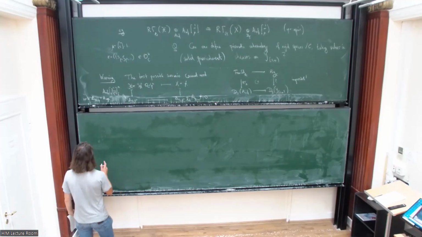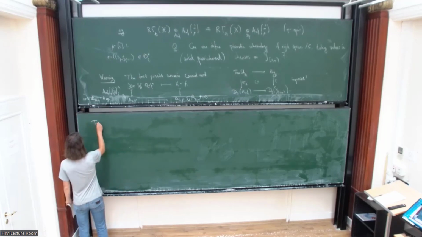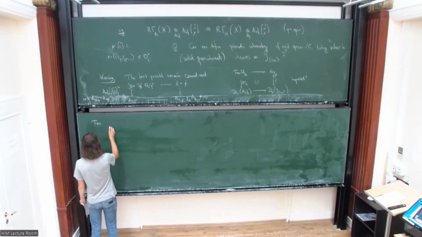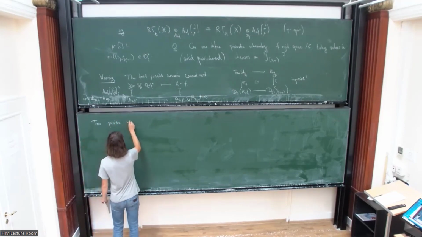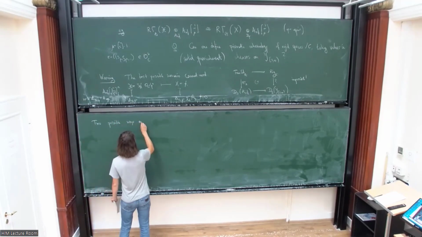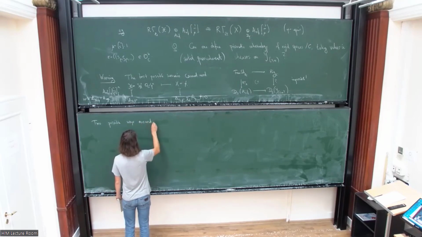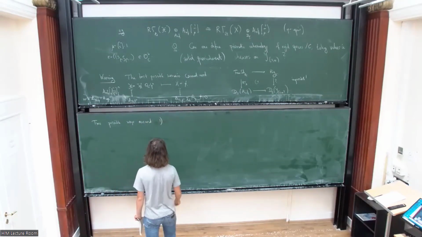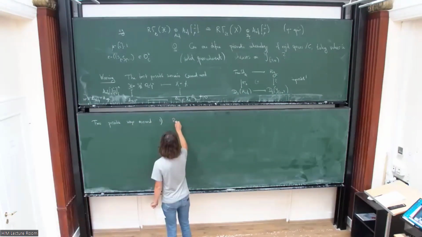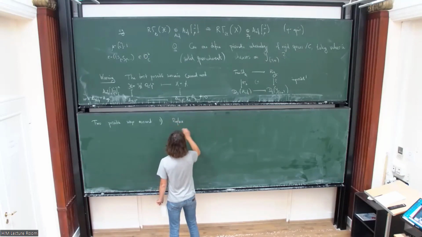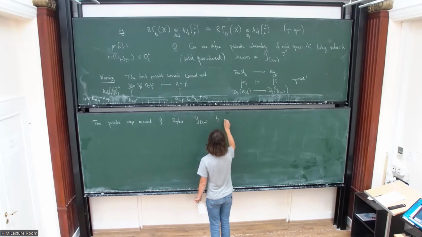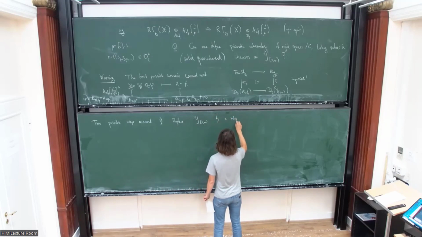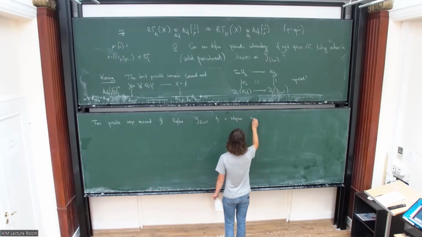Okay, so two possible ways around. One is to replace Y_0 infinity by a subspace.